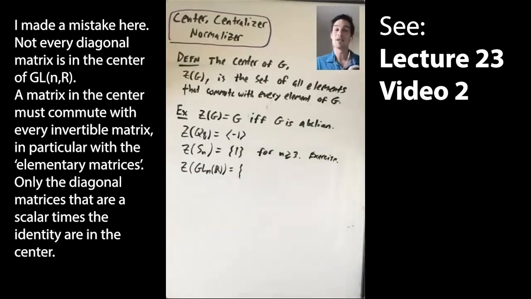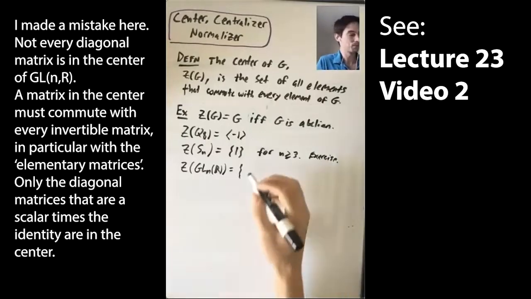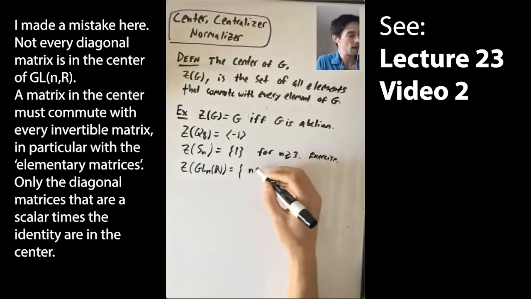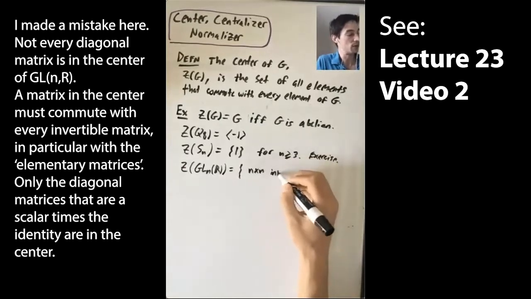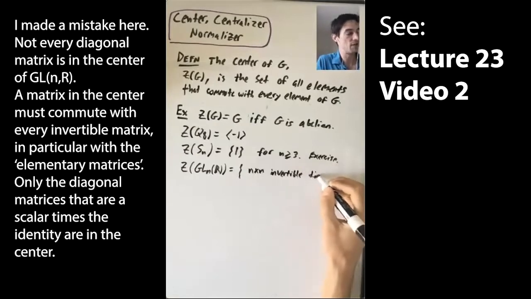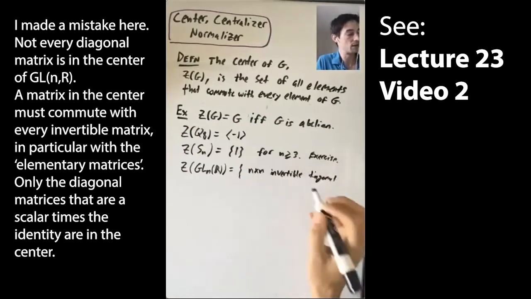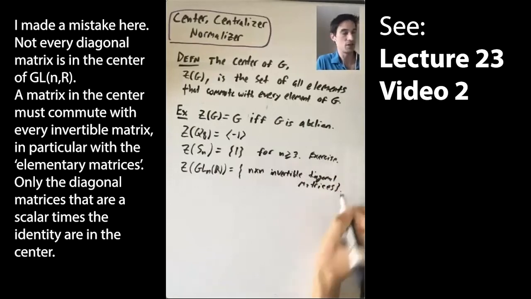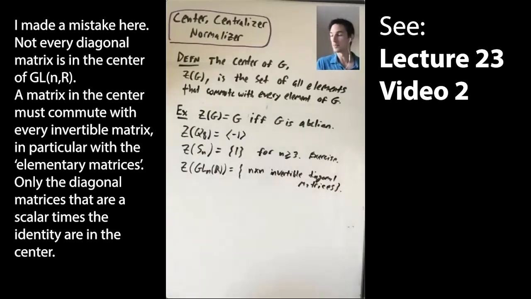It's more difficult to show that that is the entire center. That if you have a matrix that's not a diagonal matrix, you can write down another invertible matrix that it does not commute with. So it's the set of n by n invertible diagonal matrices, which just means that every diagonal entry is non-zero. So again, that's a good exercise to do.